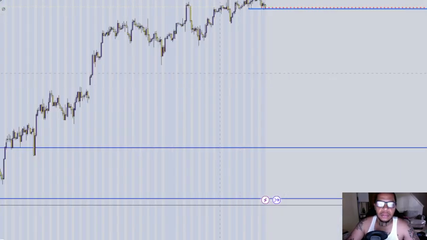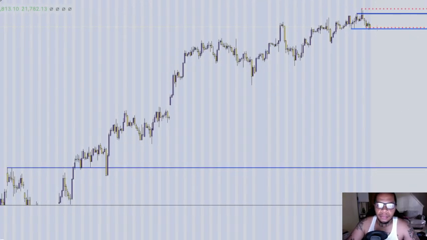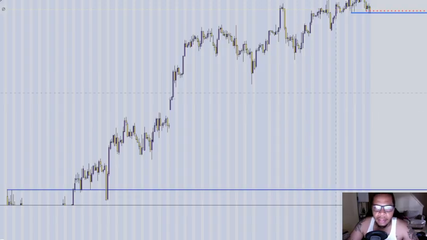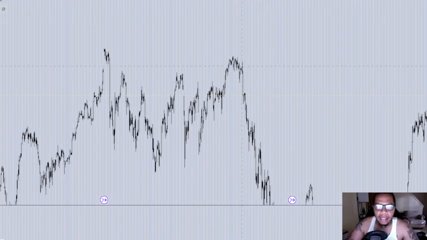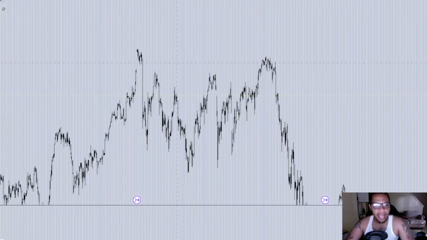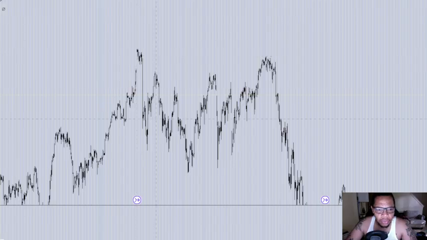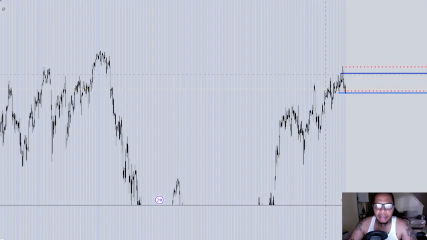All right. So we got that. Now let's find our 4-hour areas. Let's see if we can find a 4-hour area of supply. Now this is a good order block here because if you look here, you see price reacted here, sold. Reacted here, sold. And it's damn near in the same area.